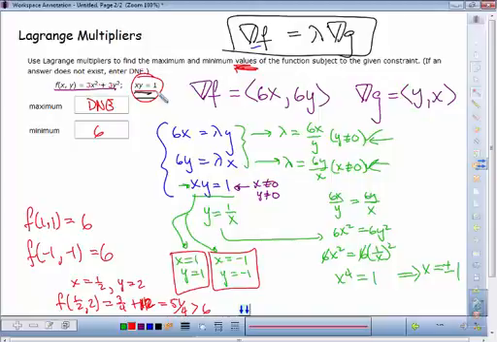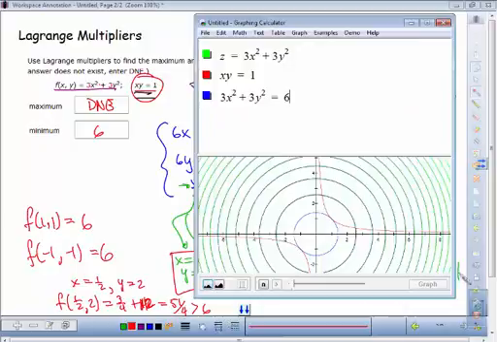Okay? If I were to graph x times y is equal to 1, what do you think I'm going to get? No? Okay, let's look at this carefully. This is x times y is equal to 1. Now, there's an observation that I can make here.